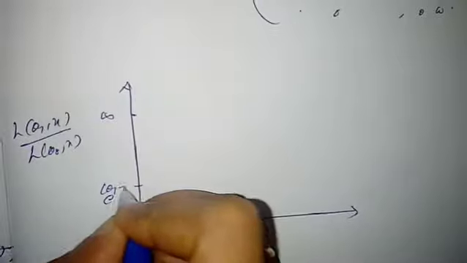The ratio, the likelihood under H1 over the likelihood under H0, is infinite here, and here it is a constant value, that is e^(n(θ1 − θ0)).